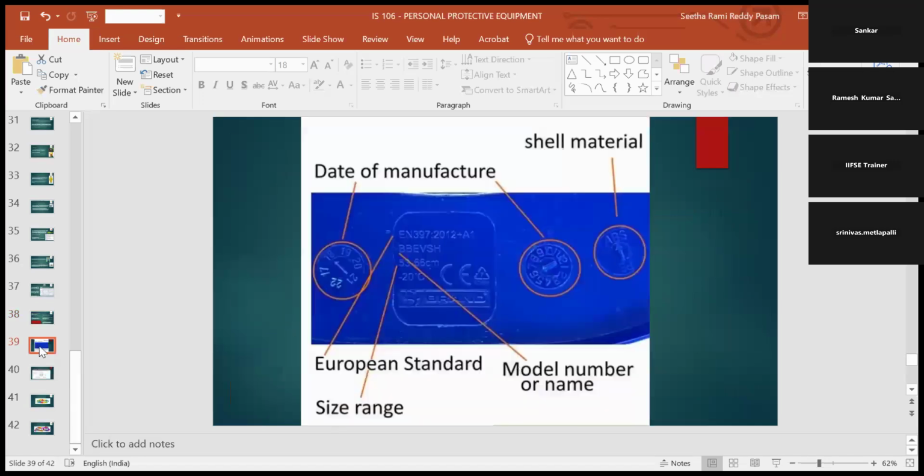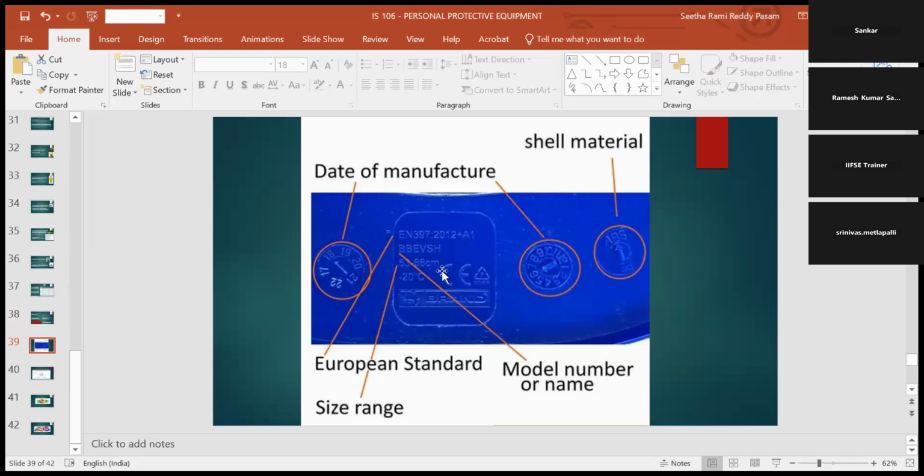Now we'll see some of the markings you could see on your helmet. I've just taken two basic PPEs. Refer to the PPEs in your organization also. When your supplier comes, you can ask without any doubt what all these indicators are. If you take a helmet, here is the date of manufacturing, which is the 10th month of 2018. Then the shell material, ABS or PE, polyethylene.